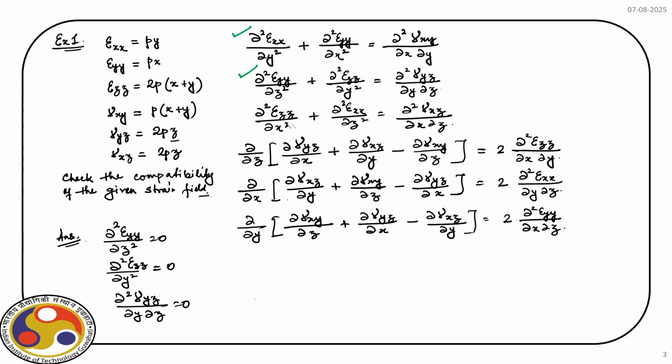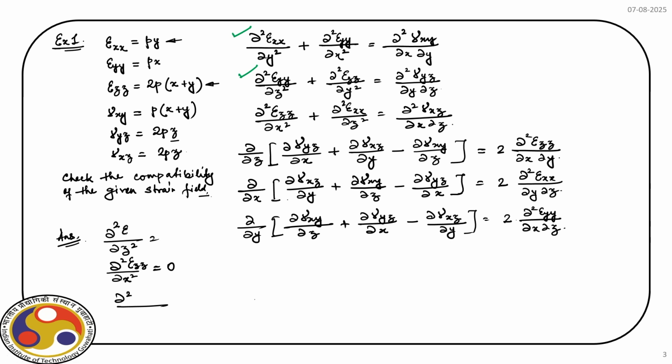For third equation, on the left hand side we have epsilon zz, which is differentiated with respect to x. Obviously, if we differentiate twice with respect to x, it is 0. Next one is epsilon xx, not a function of z.